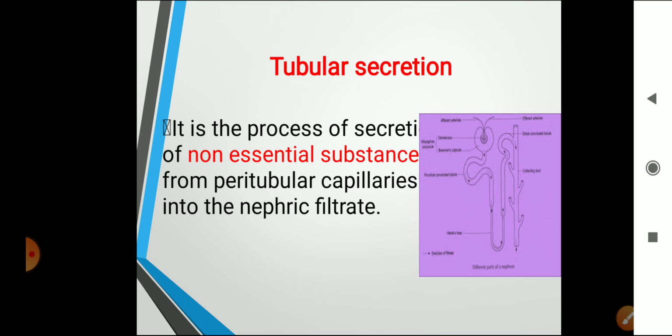That's what I said. When the blood flows, certain harmful substances may escape, they will not get filtered during glomerular filtration. They escape and they come out into the peritubular capillaries. So from the peritubular capillaries, those substances have to be secreted back into the glomerular filtrate, and this process is called tubular secretion.